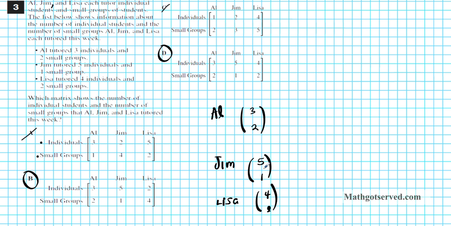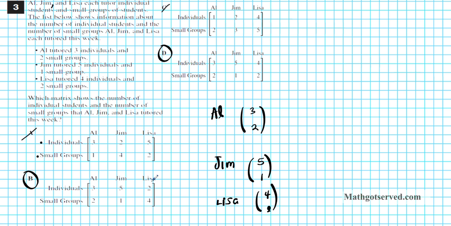Jim is 5, 1. That should be the order. 5 for the individual and 1 for the small group. What do we have here? 5, 1. Good. How about here? 5, 1. Still the same, so we don't know which one is the wrong one and which one is the right one yet. So the column that's going to determine what the correct answer is the Lisa column.